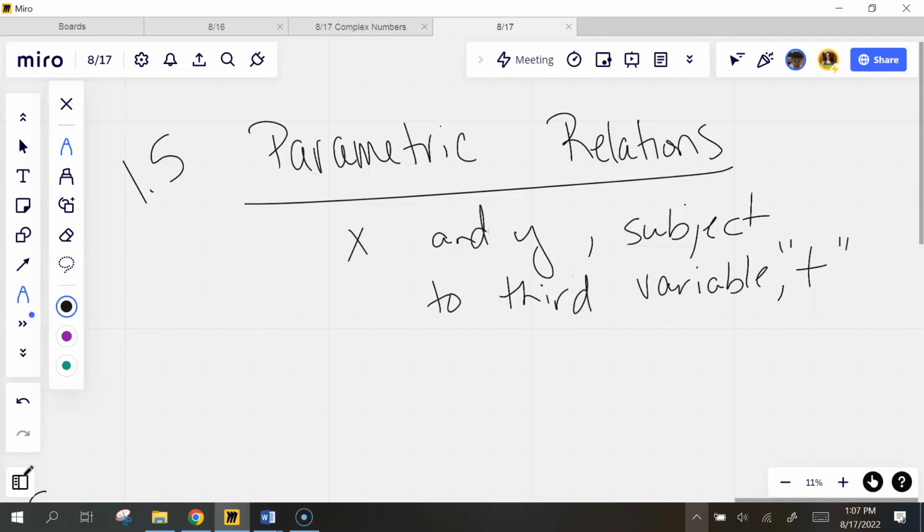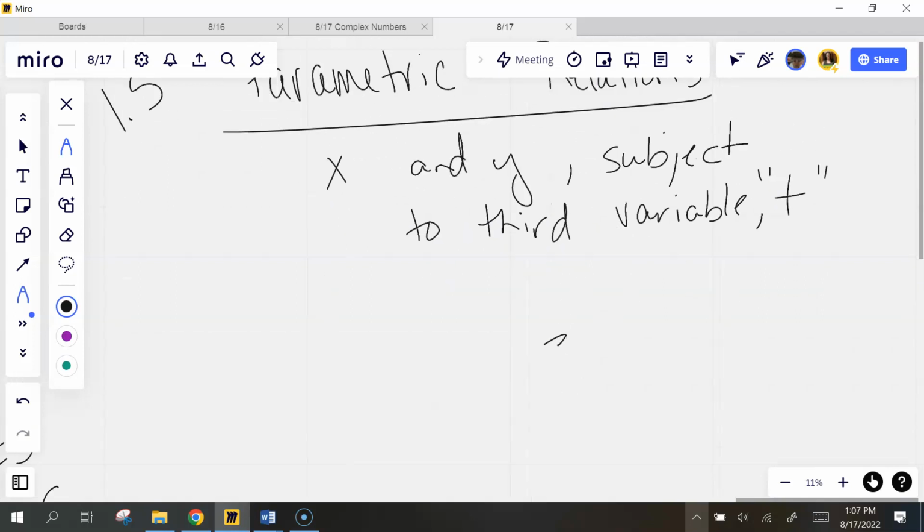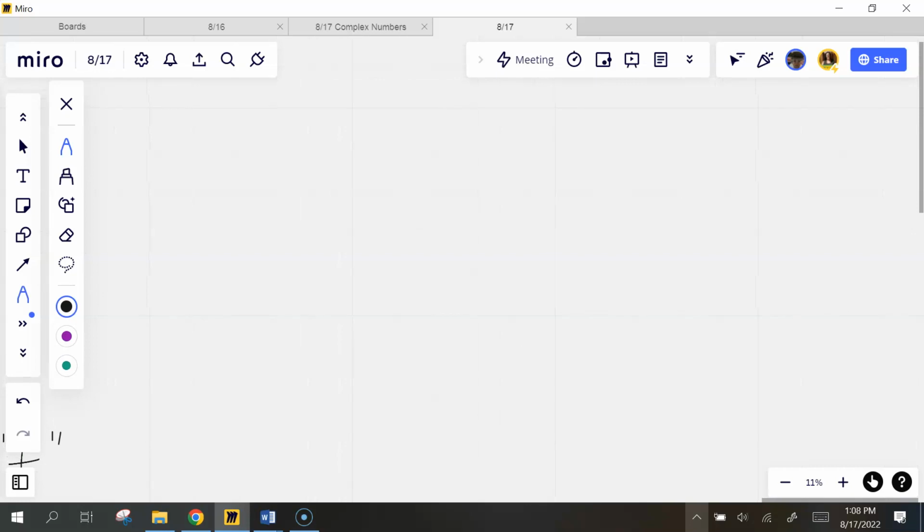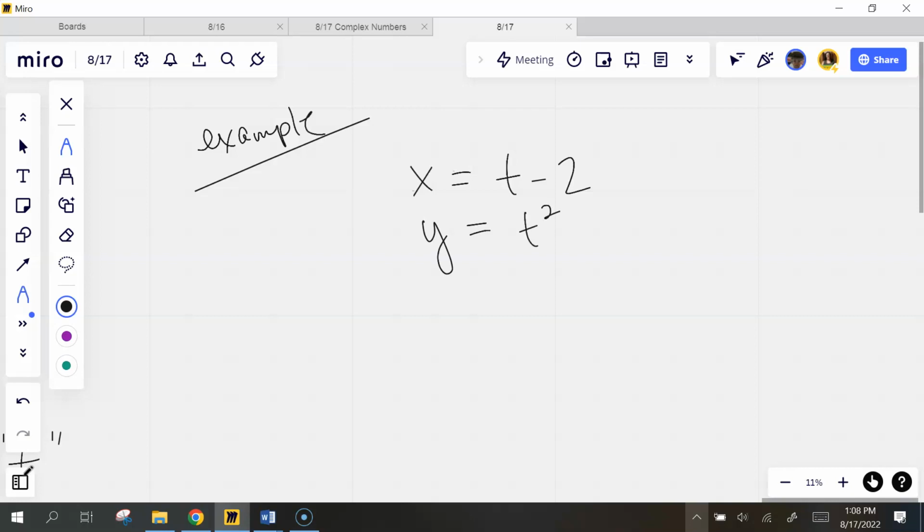Alright, let me show you what it looks like first. We'll do an easy one to start with, and then I'll do a harder one like y'all said. Let me do a little bit harder. Let's say I told you that x equals t minus 2 and y equals t squared.